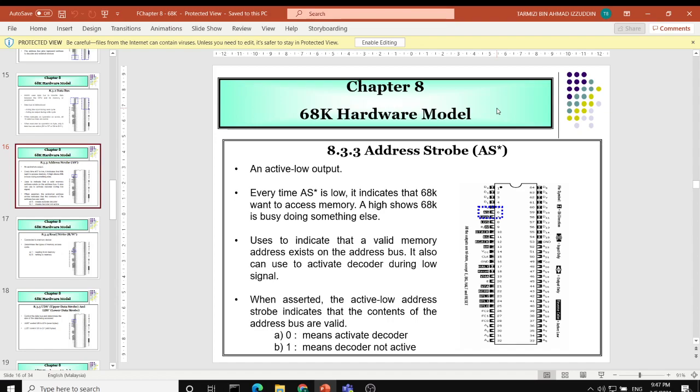And it can be used as an active decoder, which you are going to look into later on. What is a decoder, an address decoder? We can use this to select the decoder. 0 means activate decoder, 1 means decoder not active. So you probably don't have any idea currently, but later on I believe you will understand what this statement means.